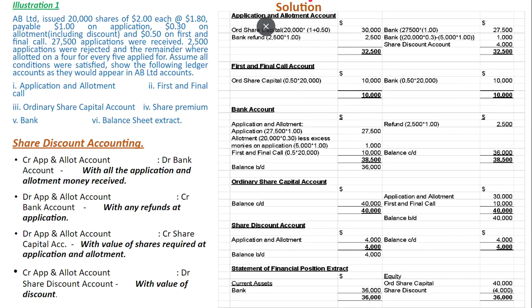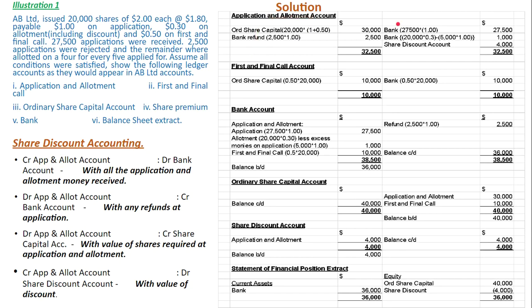So there we are, application and allotment account. Let's go to our accounting entry notes to see how we are supposed to record these entries. First, we are told to credit application and allotment account with all the application and allotment monies received. So we go to the application and allotment account.